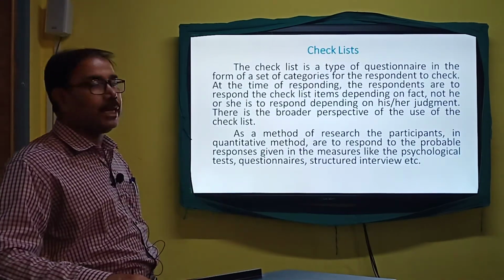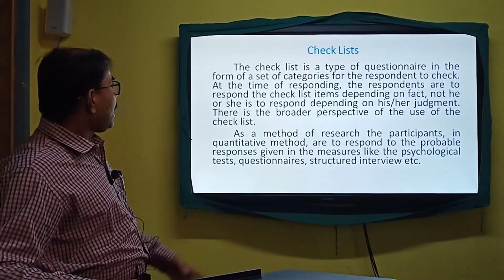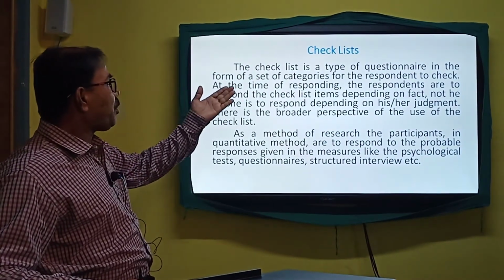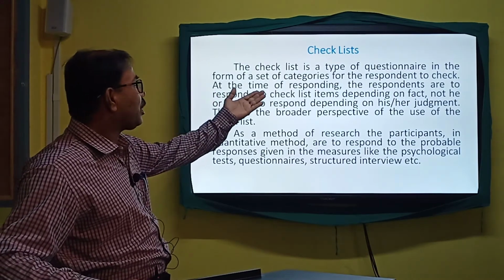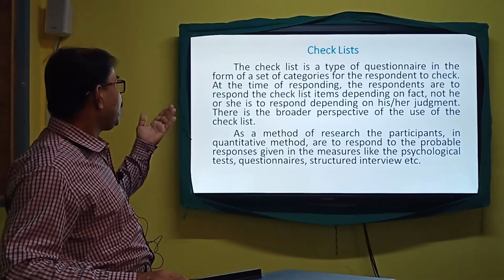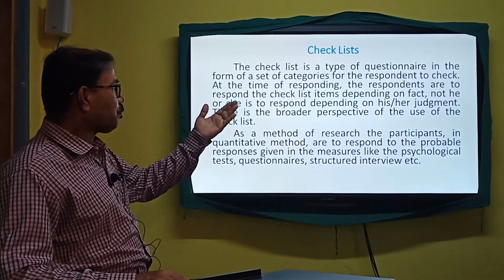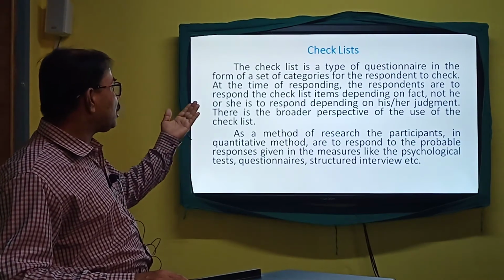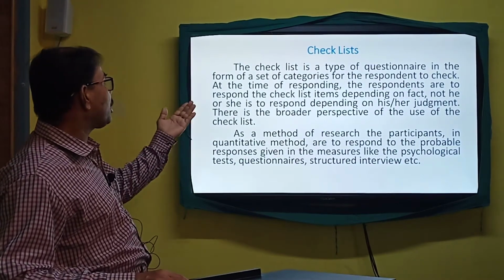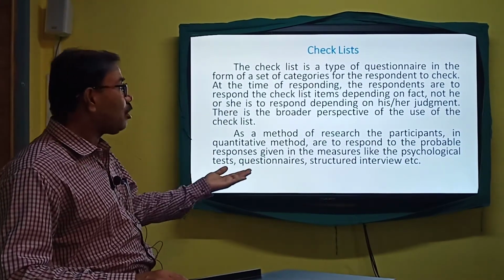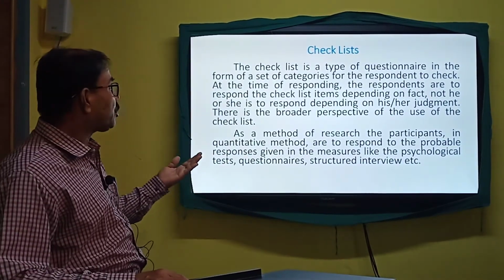Let us go to the next slide. Checklist. The checklist is a type of questionnaire in the form of a set of categories for the respondent to check. At the time of responding, the respondents are to respond to the checklist items depending on fact, not on his or her judgment.